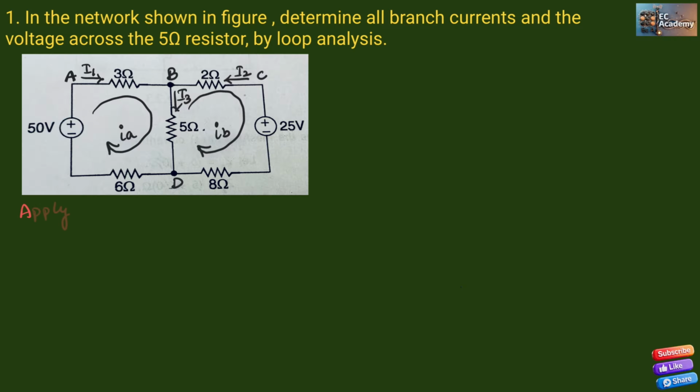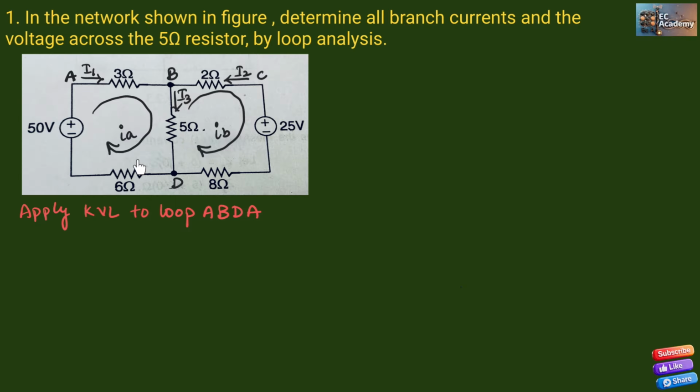Now let us consider the first loop and apply KVL to loop A, B, D, A. The voltage drop across this resistor will be 3IA. The voltage drop across this resistor, which is common between loop 1 and loop 2, is (IA minus IB) into 5.